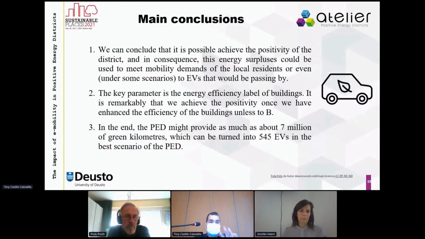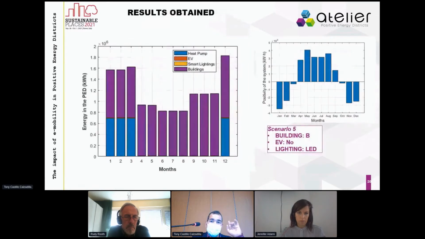Conclusion. We can conclude that it's possible, running in this way. I forgot to tell you that scenario 5 can meet the number of vehicles that are supposed to be within the PET boundary. It's about 400.